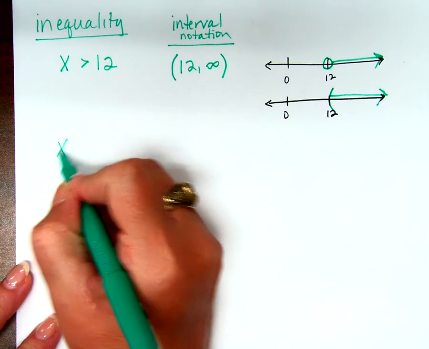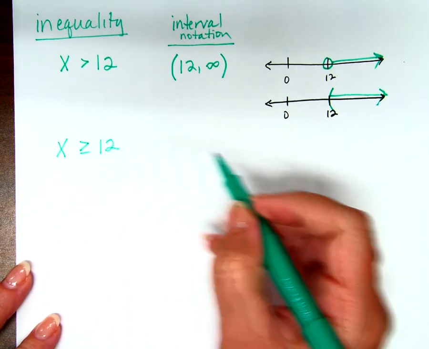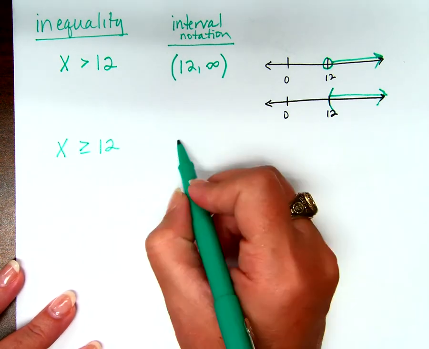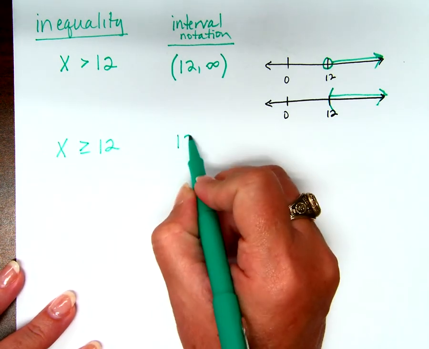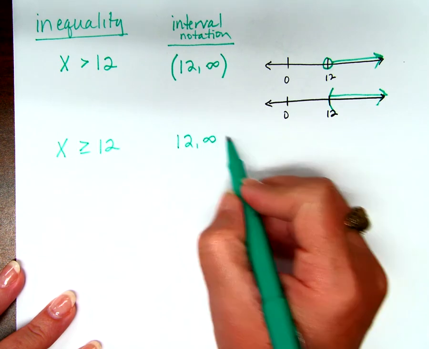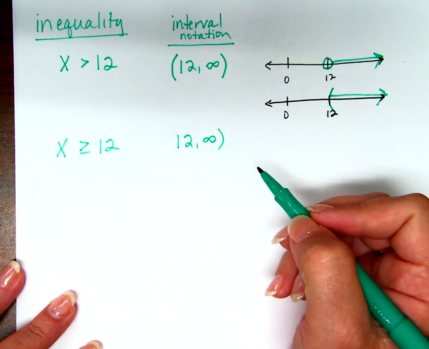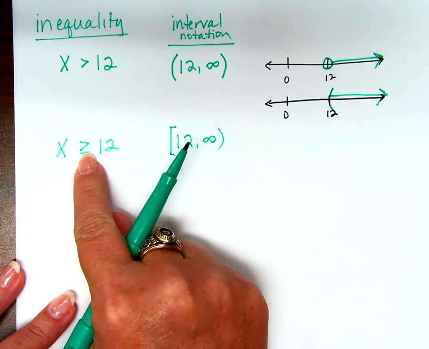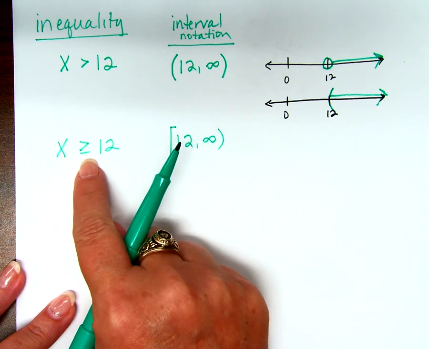What about if it's x is greater than or equal to 12? What's the interval notation look like here? Still 12 to infinity, right? But what goes around the 12 this time? A bracket, right? Because 12 is included because it's greater than or equal to 12.